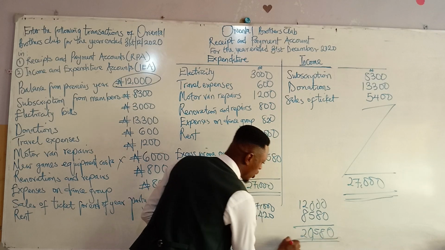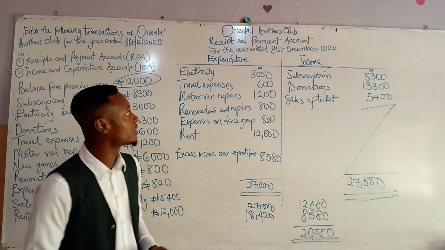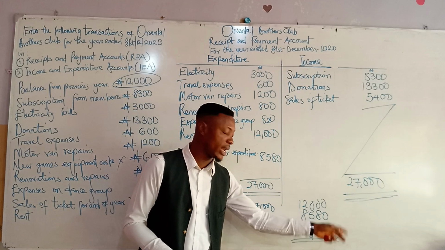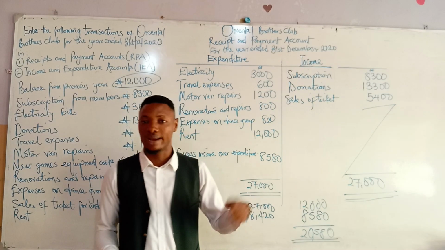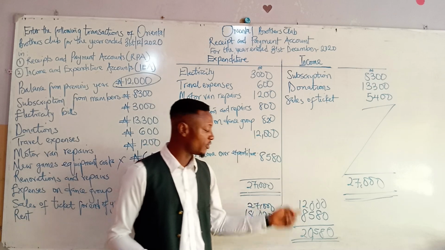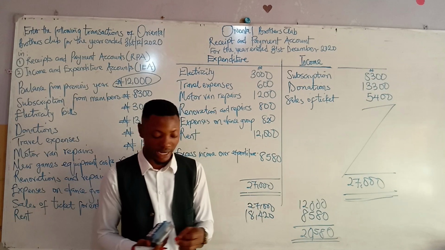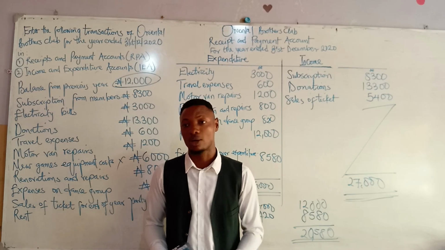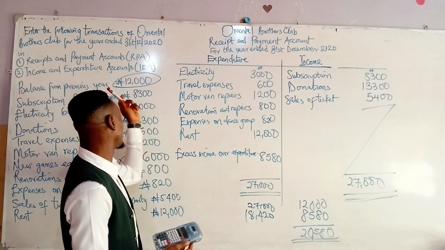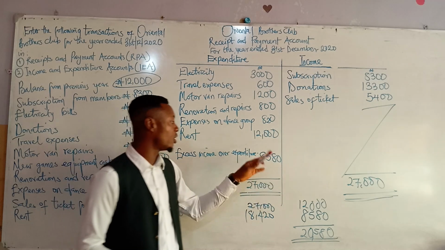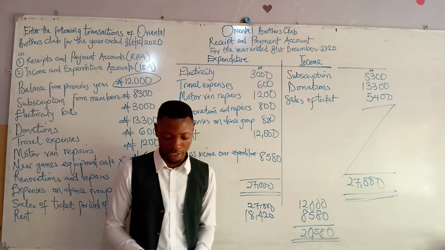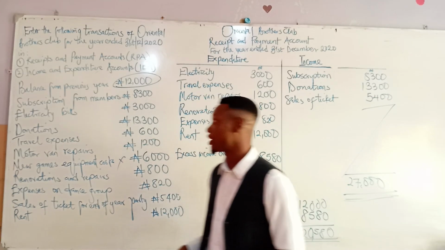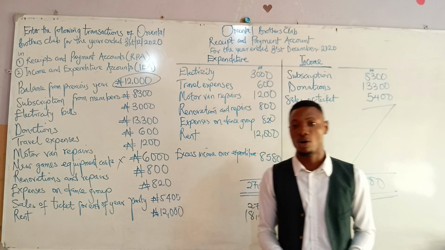So the total income in the club as at 31st December 2020 is 20,580. That is if you are asked to determine the total amount of money left in the account of that organization. Then we do this simple calculation where you add your balance from the previous year to your excess income over expenditure. Now that brings us to the end of our class on recording transactions into the income and expenditure account.